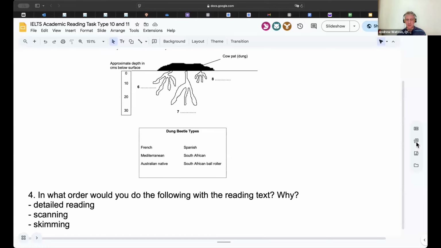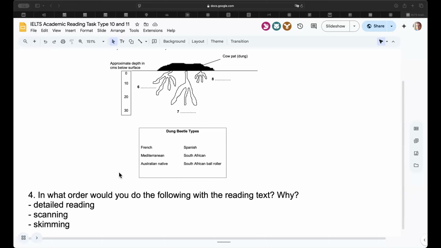So, what did you think? Suggested procedure. It would be skimming, scanning, and then detailed reading. Why? Well, first of all, you need to read very quickly what the article or the whole information about the topic is going to be.